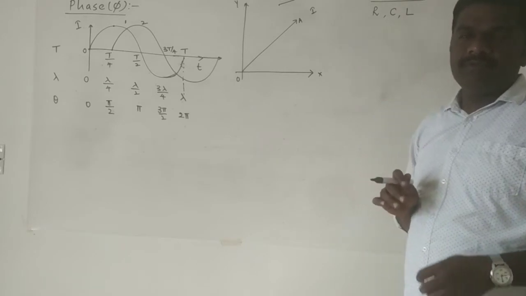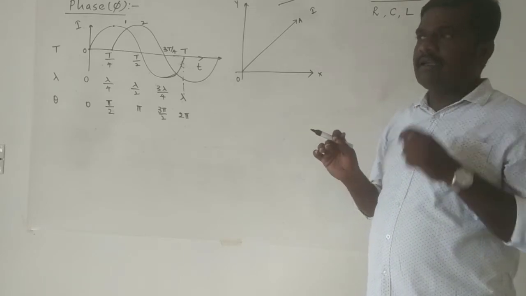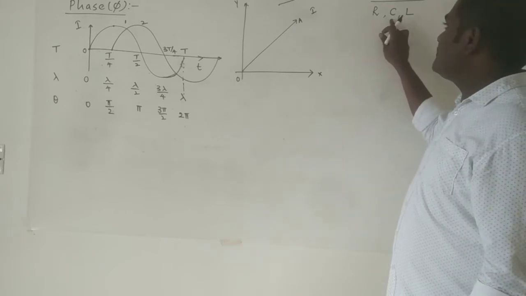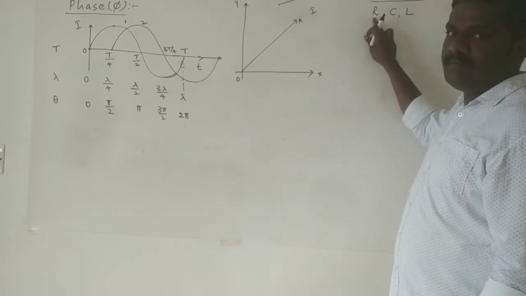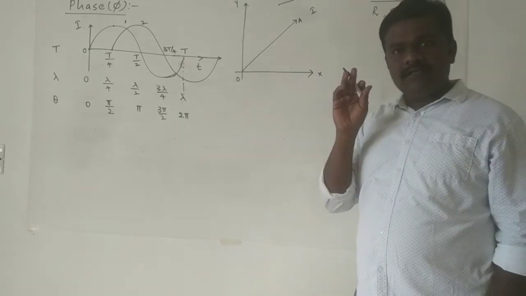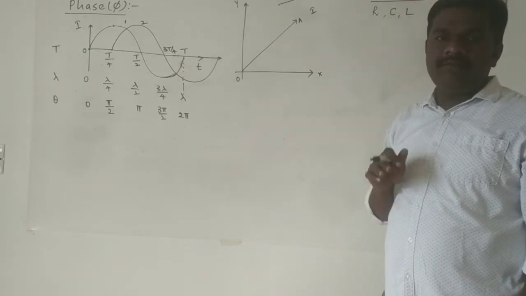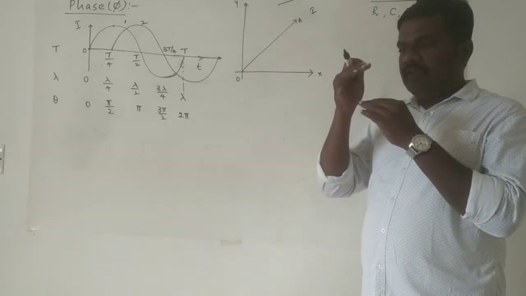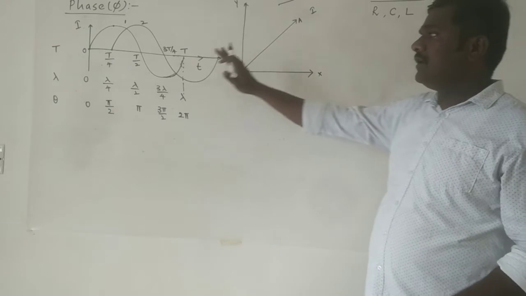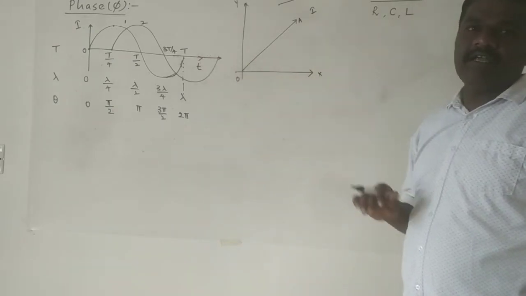Without these three, there is no electrical circuit. Now what you will do is take individual circuits, resistors separately, capacitors separately, inductors separately, and discuss the circuit. In that we will derive a relation between the AC voltage and AC current, and based on that we will draw one sinusoidal diagram and a phasor diagram.